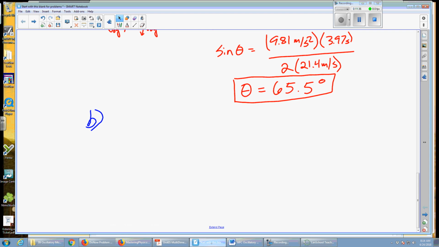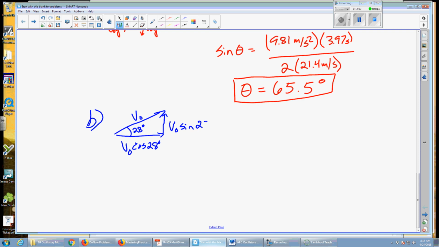We'll draw our initial V0 and break it into its components. Here is 28 degrees. In the X, that's V0 cosine 28 degrees, and in the Y, it's V0 sine 28 degrees.